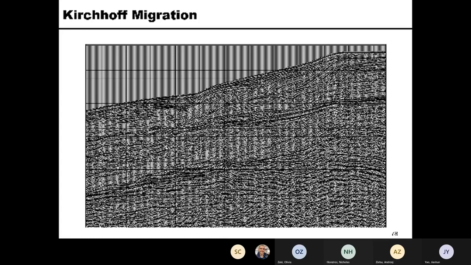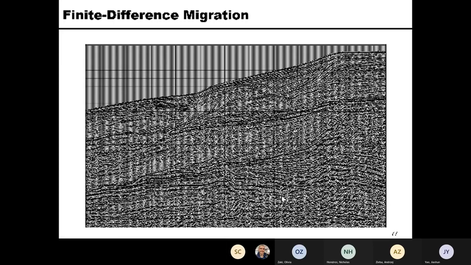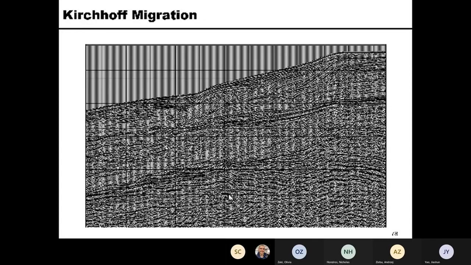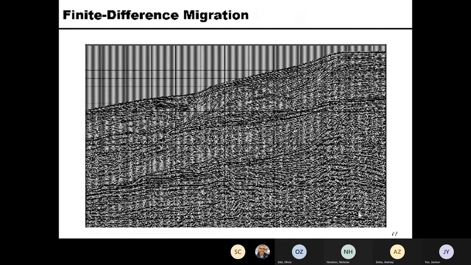But this method cannot handle steep dipping events, right? In Kirchhoff migration, any point becomes a circle. This is over migrated, but you get a good image of the fault. Positive, negative, advantages, disadvantages.